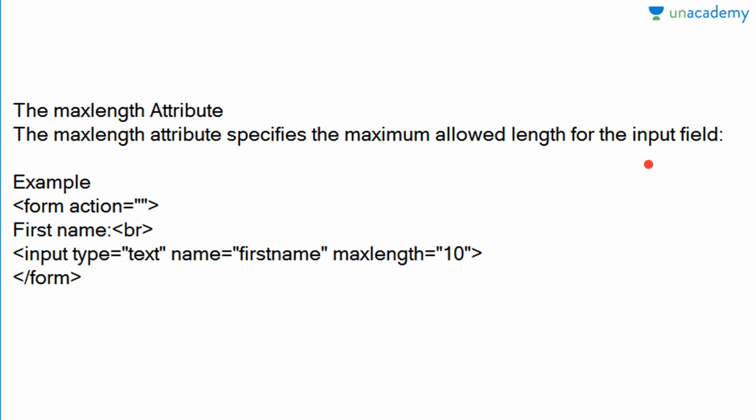We write form action equals this, first name, then input type equals text, name equals first name, maxlength equals 10, meaning only 10 characters will be accepted, and then we close the form. This is how the maxlength attribute is applied, and you can use this in your own browser also.